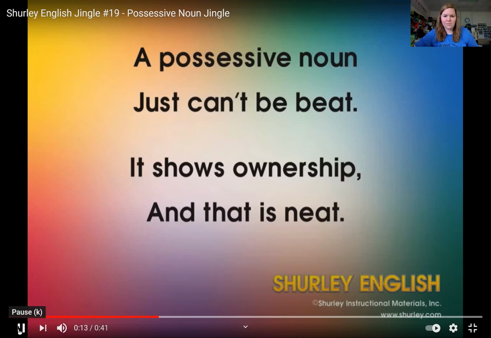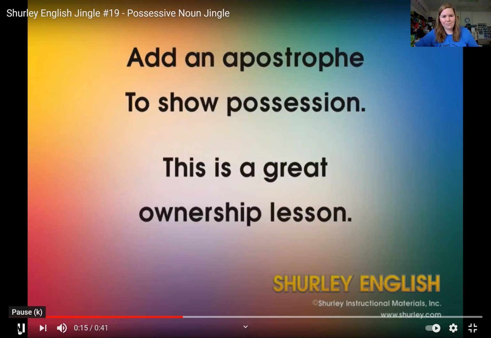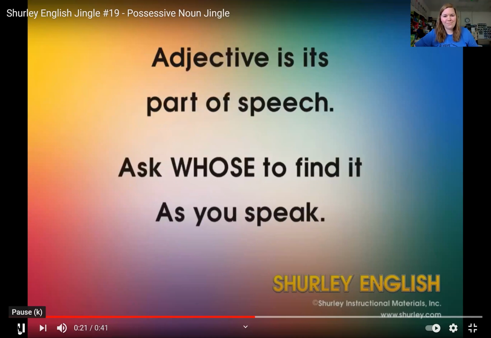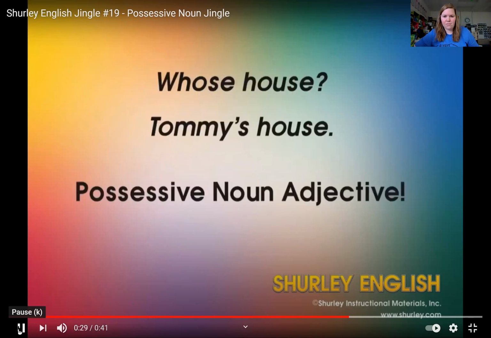It shows ownership and that is neat. Add an apostrophe to show possession. This is a great ownership lesson. Adjective is its part of speech. Ask whose to find it as you speak. Whose house? Tommy's house. Possessive noun adjective.